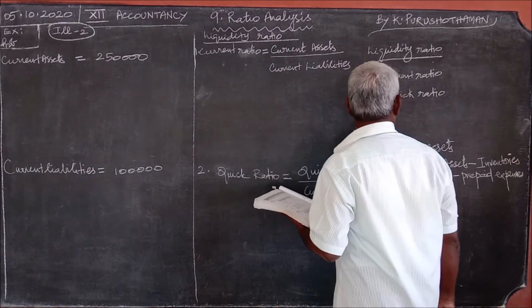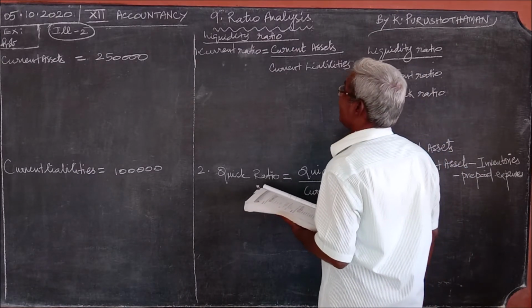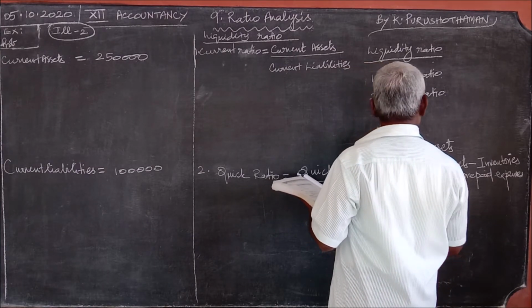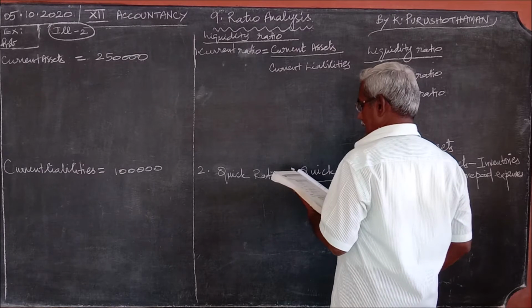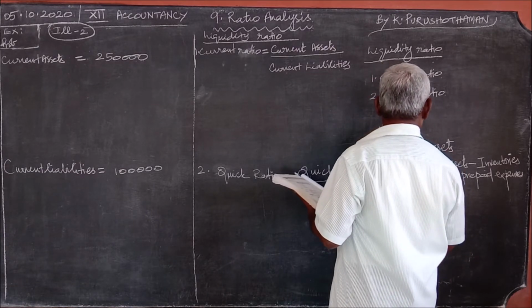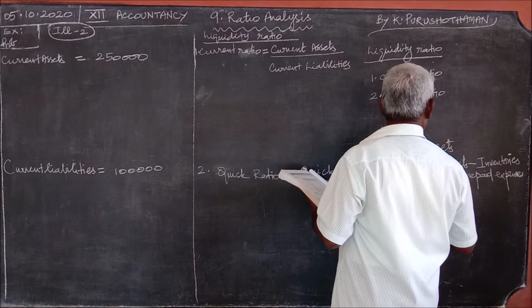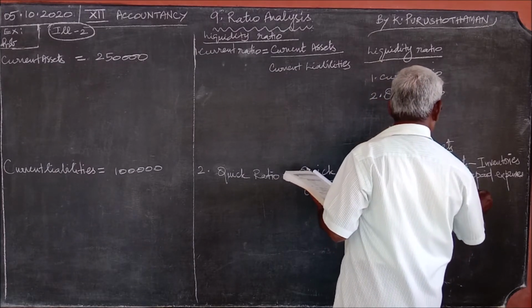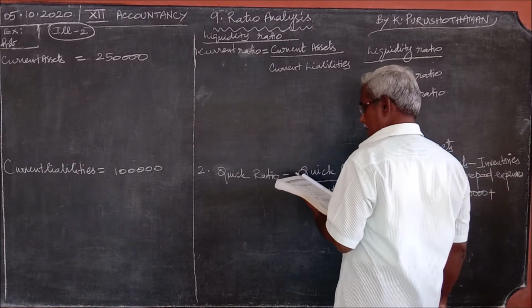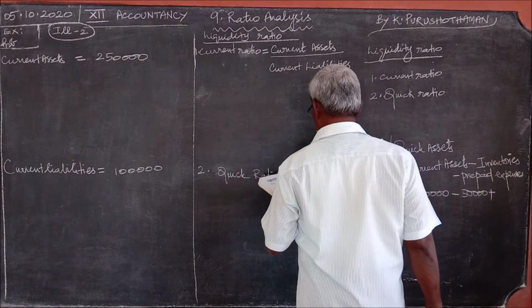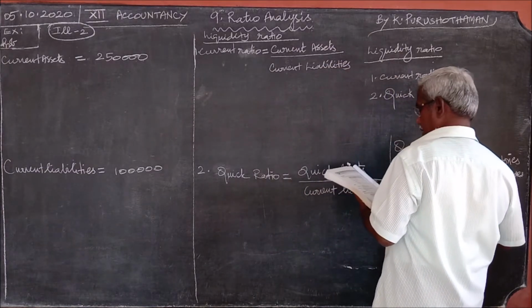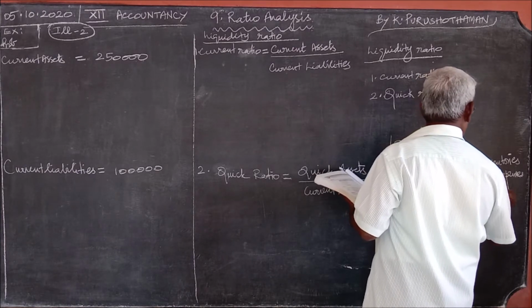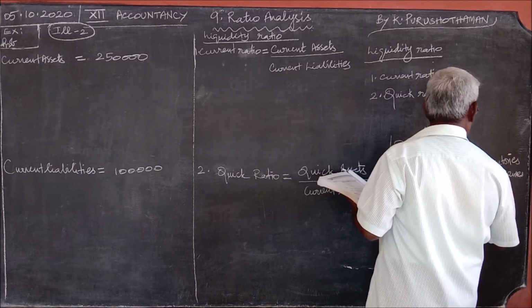Okay? Now we can find for this illustration number 2, the items are given there. This is equal to current assets 2,50,000 minus inventories 50,000 minus prepaid expenses 15,000.